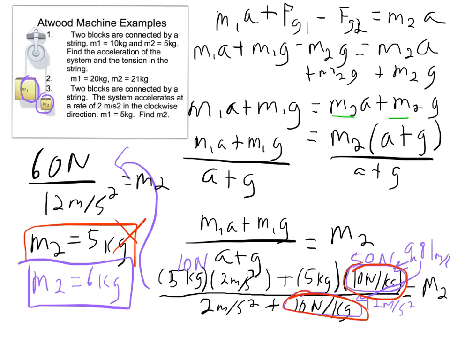So I looked for a reasonable answer. 6 kilograms works. That thing will still accelerate with m2 going down and m1 going up, which means the pulley turns clockwise, which is what the problem told us would happen originally. If they were both 5 kilograms, this thing would be balanced, and it wouldn't rotate. So I found an unreasonable answer, and then started thinking about why it might be unreasonable, what could cause it.